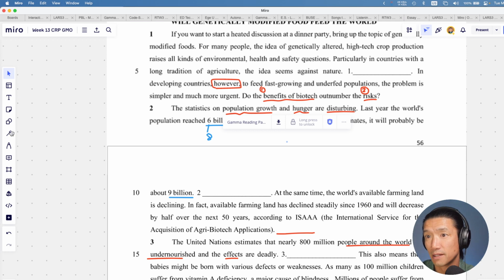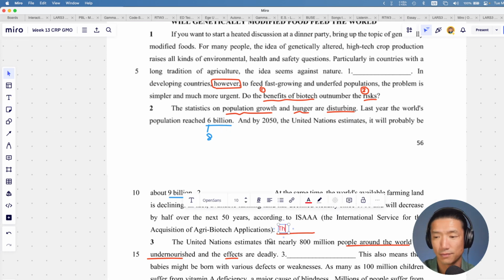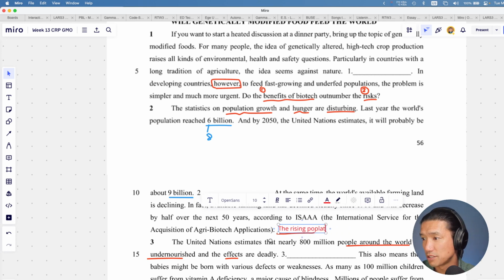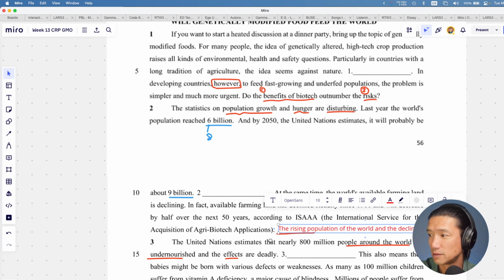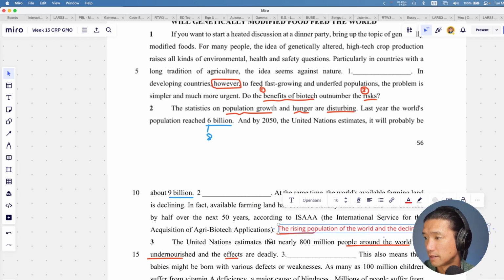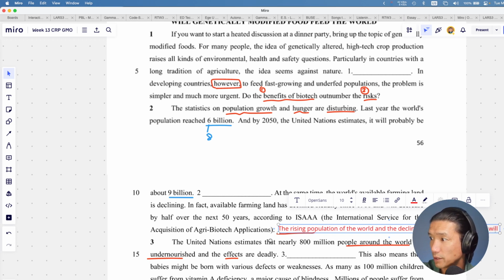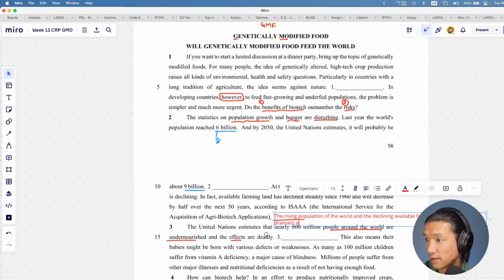Okay. So I'm going to say something like, the rising population of the world and the declining available, we call it arable land, anything that you can grow stuff, available farming land, will have a dramatic effect on people.